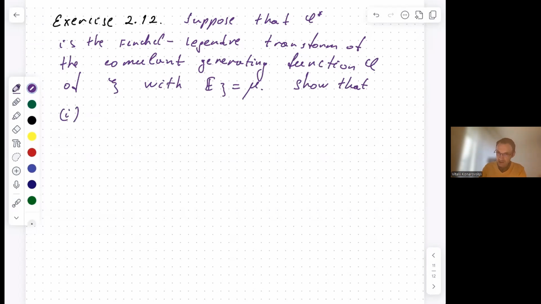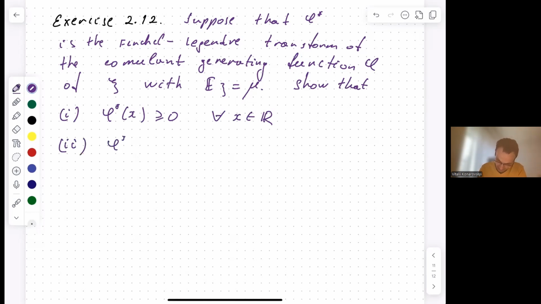Here there is almost no probability anymore. It is just analysis. You need to use analysis, some limit theorems, and so on to be able to show the following properties. First of all, the function is non-negative for every x from R. The second is that phi star of mu is equal to 0.